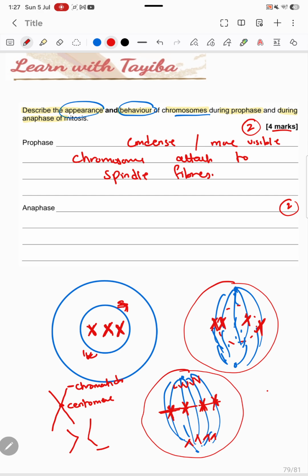So for the anaphase, we can write the answer: the centromere splits at this position, and the chromatids, this is one chromatid, these are the others, move to opposite poles.